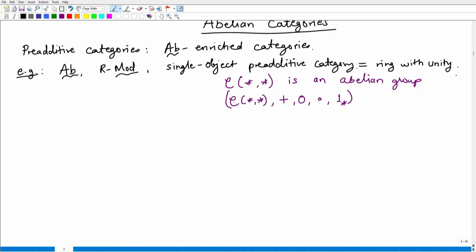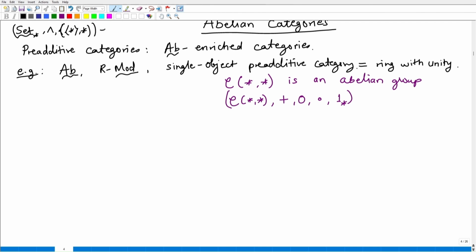That's a monoidal category, and a set star enriched category is known as a pointed category. Maybe I should write it somewhere above. This is the notation for smash product, and you have to write a pair, singleton star comma star.